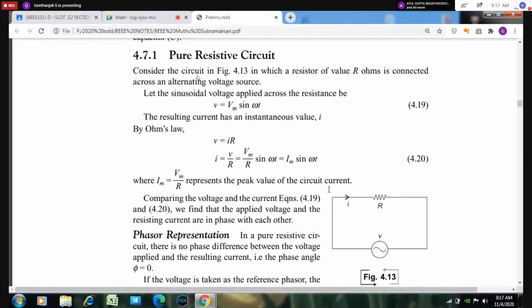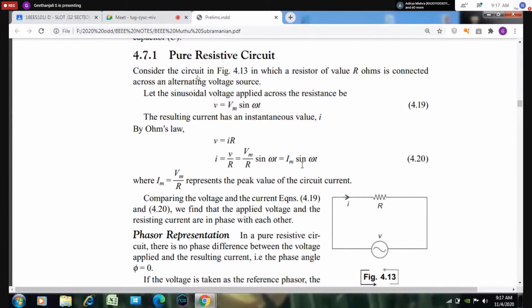Then we know that the sinusoidal voltage applied across the resistance can be represented by V = Vm sin omega t, right? This is the representation for the AC voltage source. We have seen in the beginning itself, if it is any voltage source, it should be expressed in terms of sine.